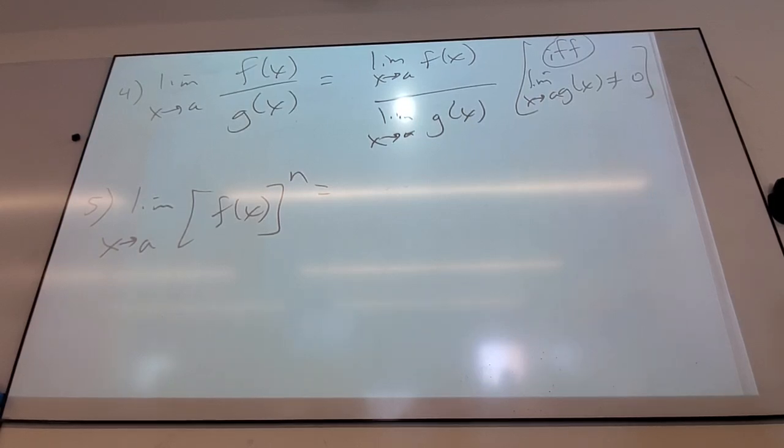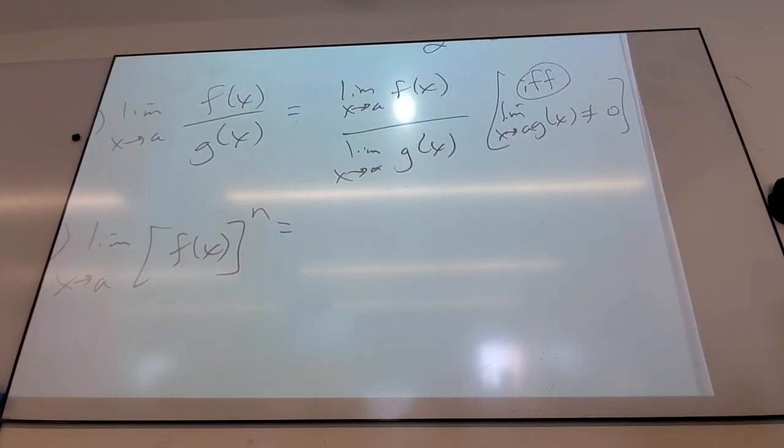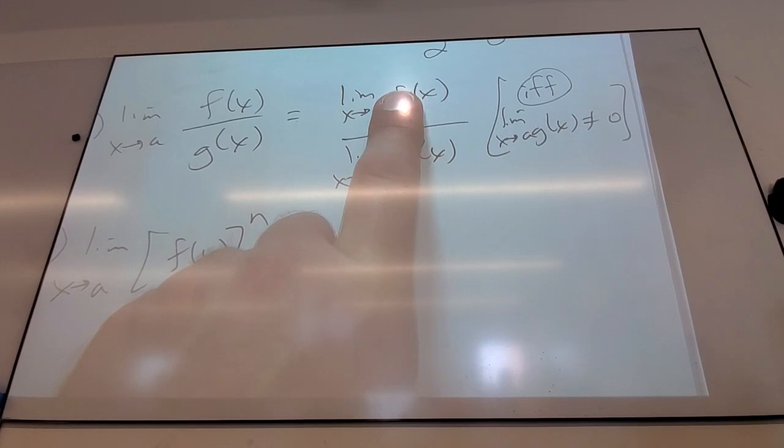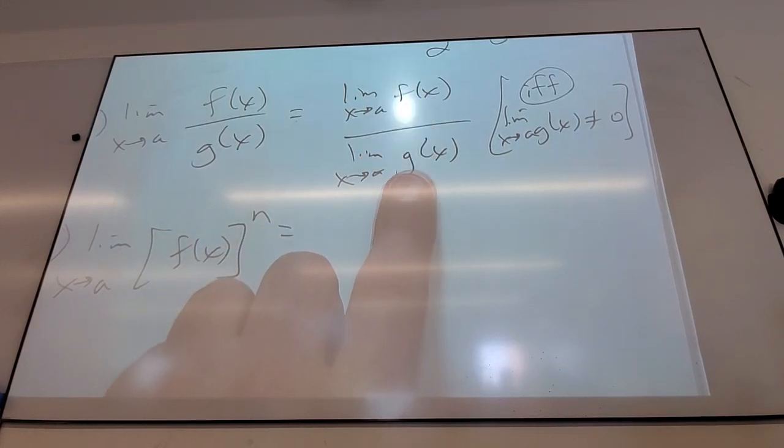Anybody? Yes? I have a question about 4. Why is it if it's not 0? Oh yeah, if it is 0, then this has an issue. Right, then it's divided by 0. So that means the bottom can't be 0. Yeah, the bottom can't be 0. Okay.